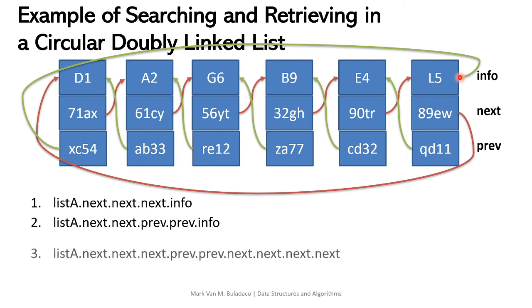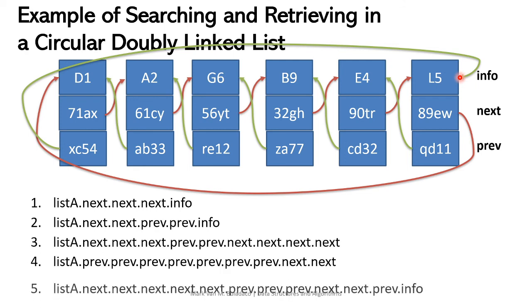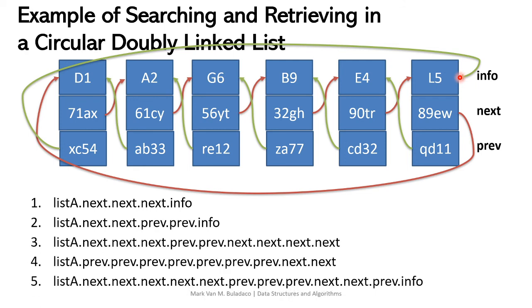So, I'll be giving out some questions and you try to answer on your own what is returned on each of these items. Okay, ano yung mag-return on each of these items? Example, for number 1, let's say we call this list A. So list A dot next dot next dot next dot info.